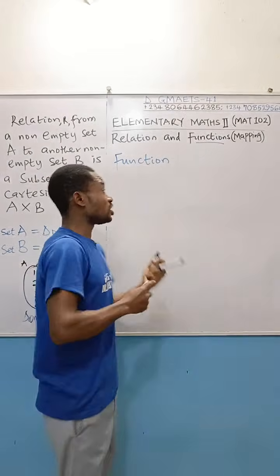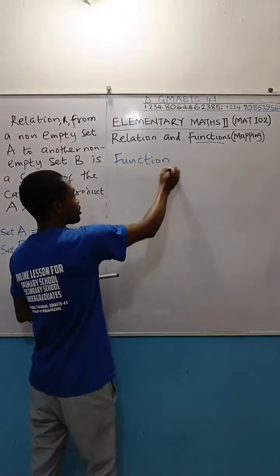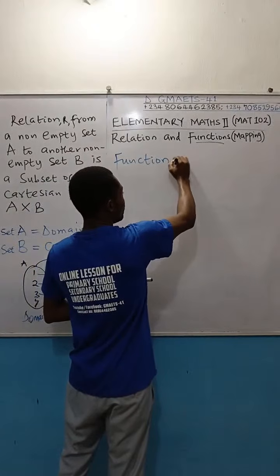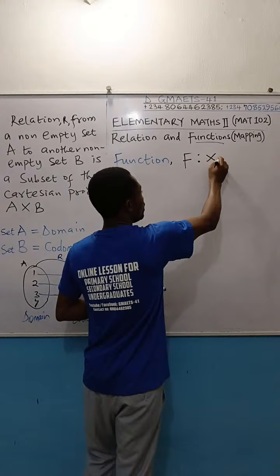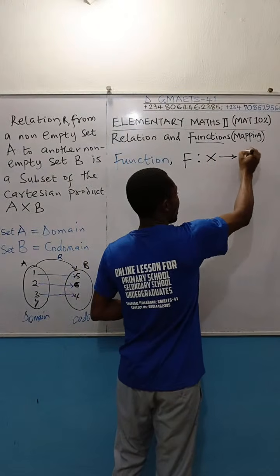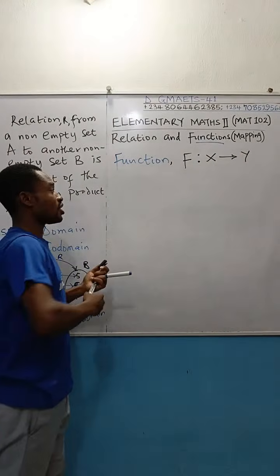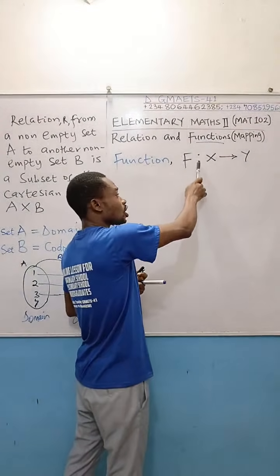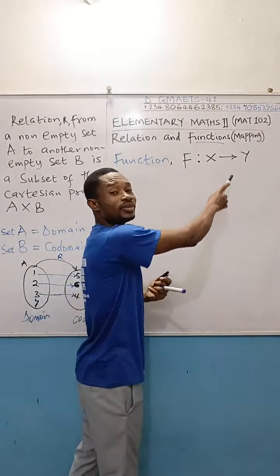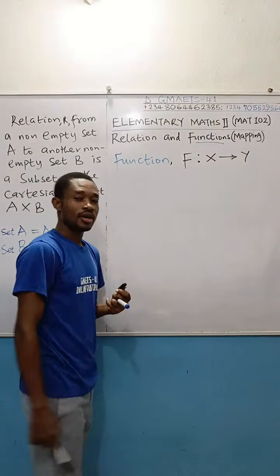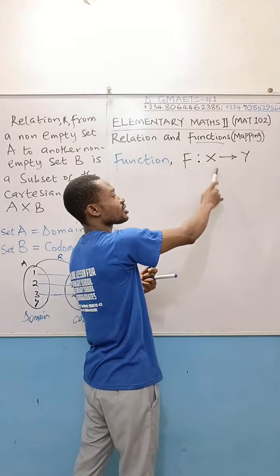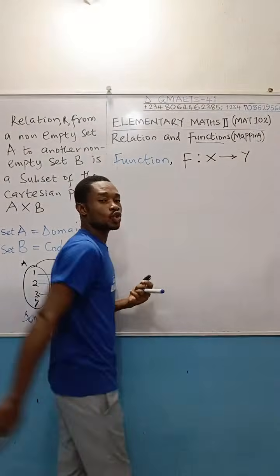A function, which generally we write in this format, f is such that, permit me to use x and y. This means a function such that x is mapped, is linked to y.